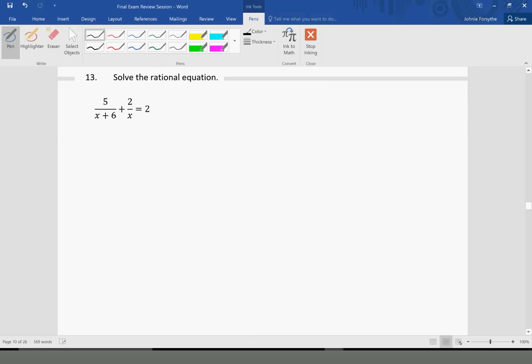Okay. 13. Solve the rational equation. So to solve the rational equation, it's kind of similar to how we simplified the complex expression. We're going to find the least common denominator, and we're going to multiply the entire equation by the least common denominator. So we have an x plus 6, so that needs to be a part of our LCD.